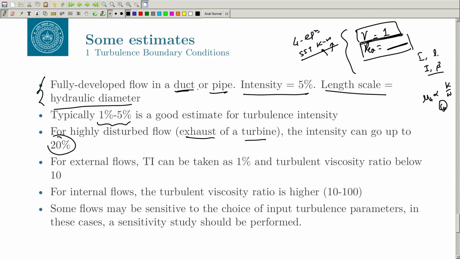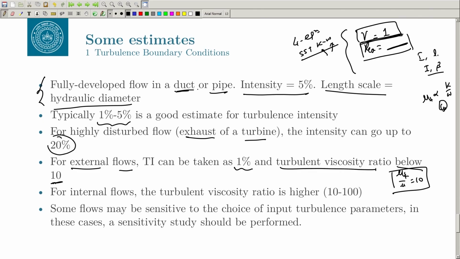For external flows, the turbulence intensity can be taken as 1% or even lower than that, and the viscosity ratio can be taken as 10. So basically mu t by mu is equal to 10. Remember, even if you have the information about the turbulence intensity, you may not have the information about the viscosity ratio or the length scale.